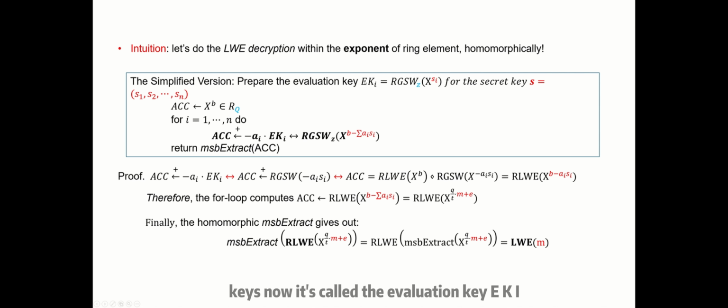Now it's called the evaluation key, EKi, equals a ring GSW encryption of x to the power of Si for the secret key S. Remember the LWE encryption secret key is a vector S. Now this evaluation key tries to encrypt every component of that secret key in the exponent of the ring element.